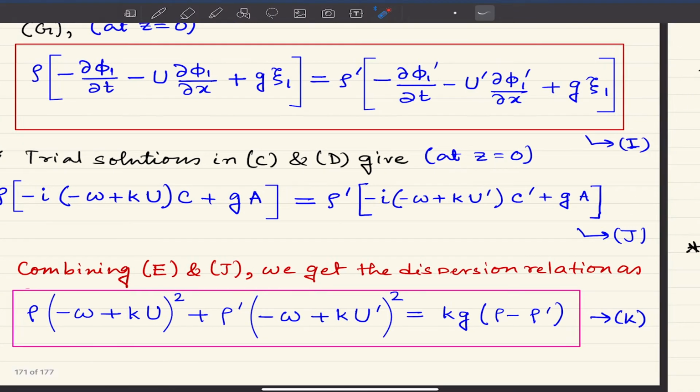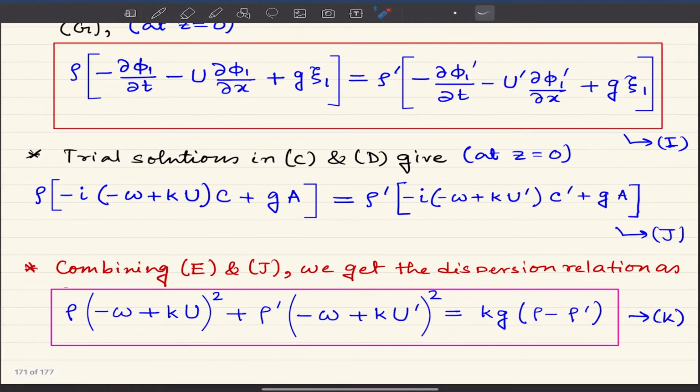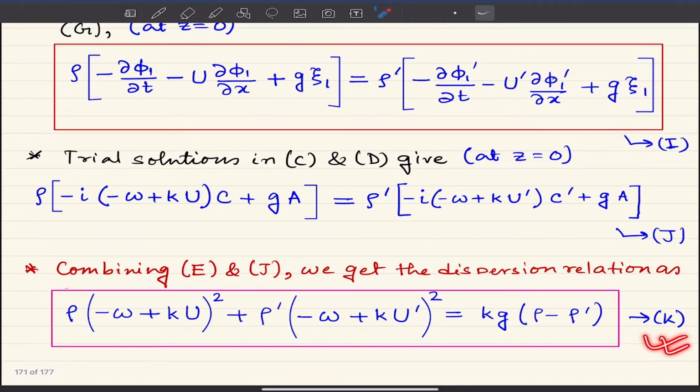So up to this, equation number k is the parent equation of all our following discussions. This is nothing but the dispersion relation of the linear wave mode.